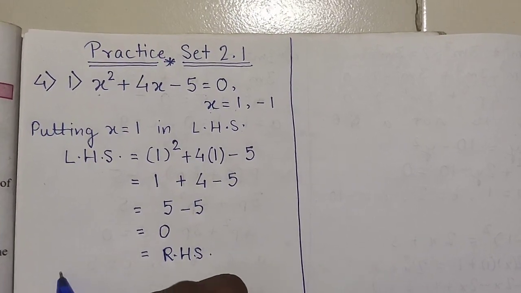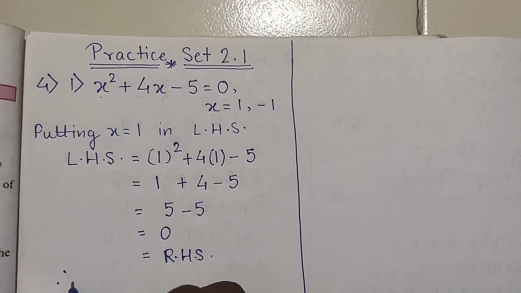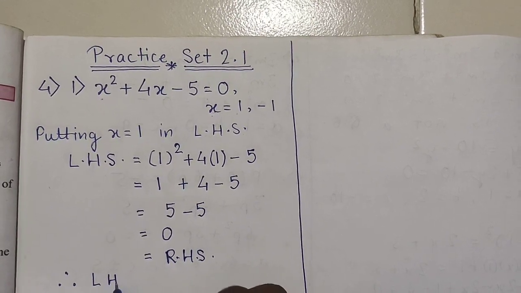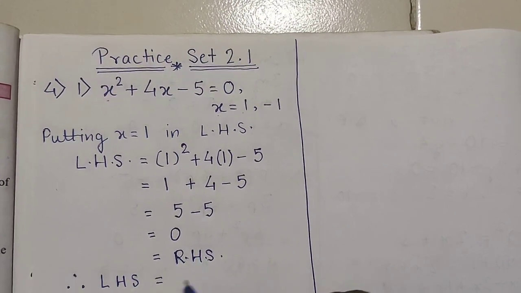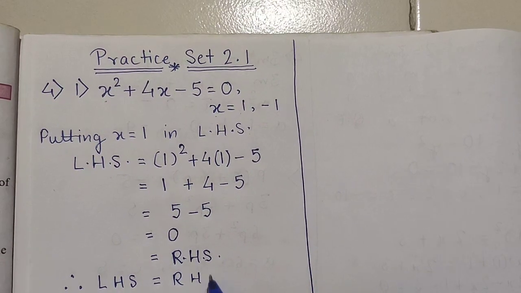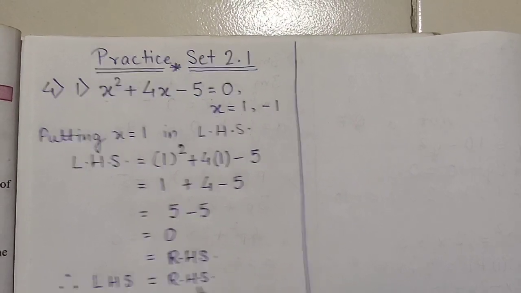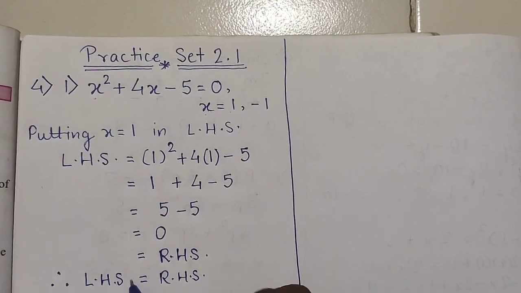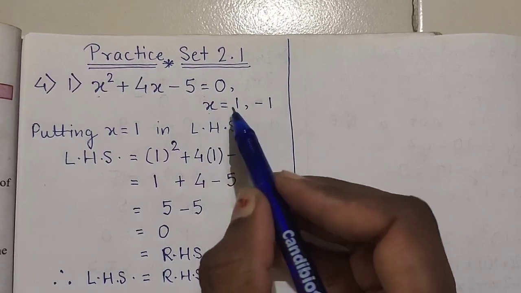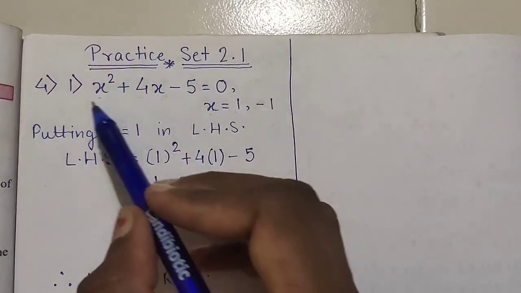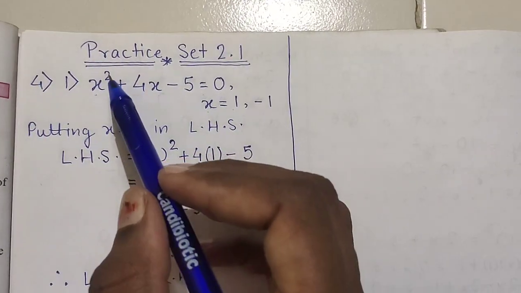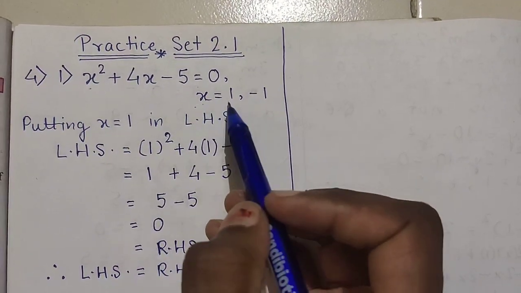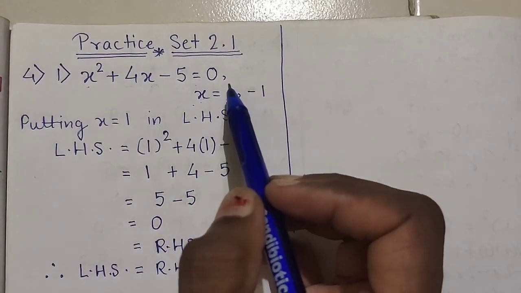So finally what we got here, therefore our LHS is equal to RHS. Since LHS is equal to RHS, that means x is equal to 1 is the solution of this equation. So we can say that x is equal to 1 is the root of this equation.